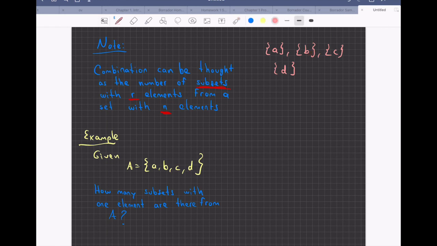But of course, what if I don't want to specify what the subsets are? Instead of that, I want to know how many. Well, in this case, I can use combinations. There are combinations for, in this case, because we have 4 elements in the total set, and we want to know how many subsets with size 1, or with one element. So combination 4 choose 1 is 4 factorial divided by 1 factorial times 4 minus 1 factorial.